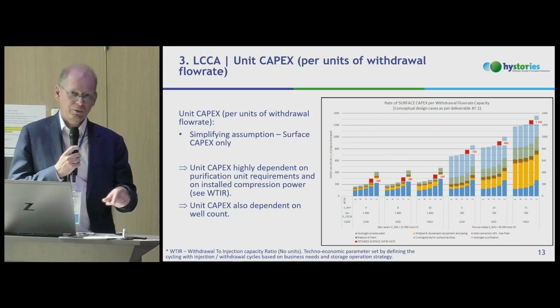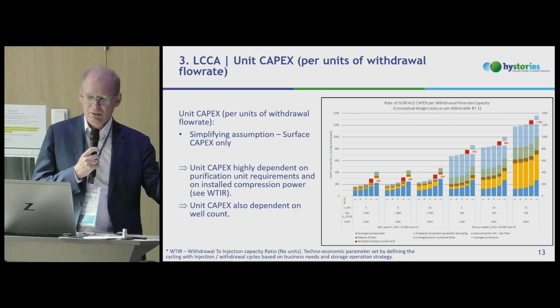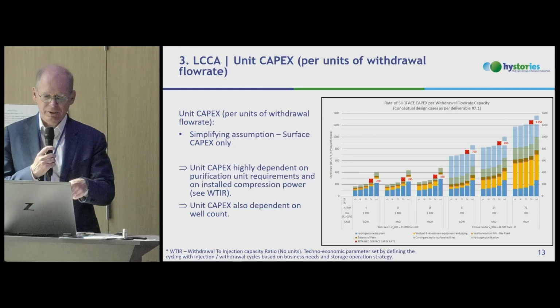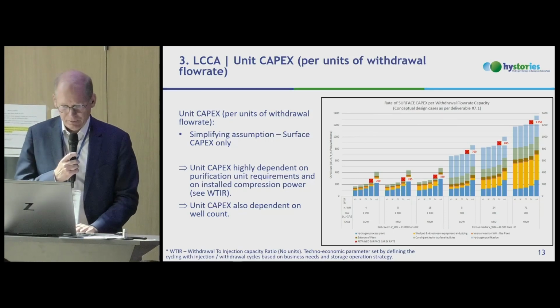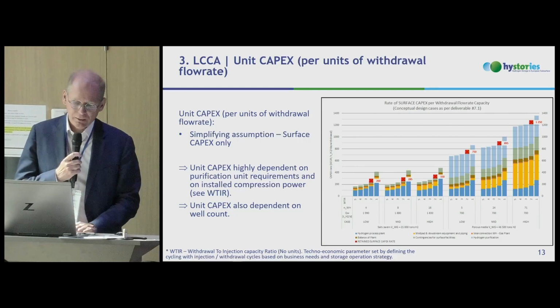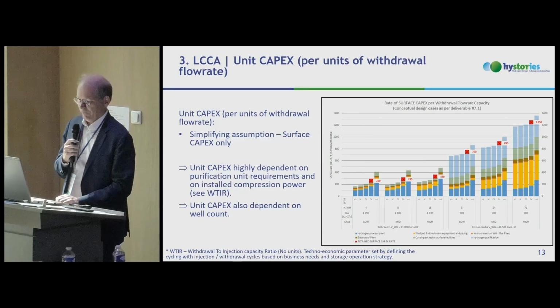And this is why yesterday you had 4 hours about microbiology. The direct impact is on the cost of today. And again, there's also an indirect impact of the well count.